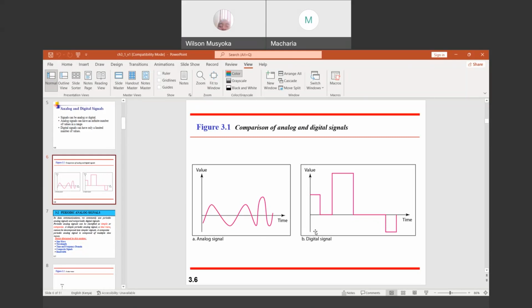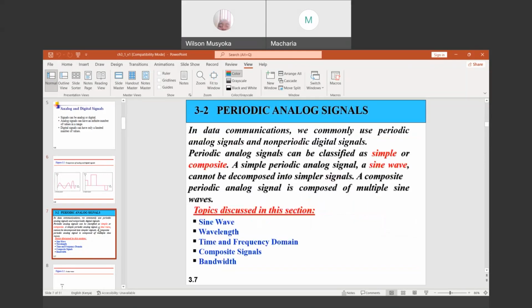Then the digital signal, like we have said, has discrete values. These values can move from the positive side to the zero mark, stay on that zero mark for a period of time, and then shift again. That is why it has a limited number of values.